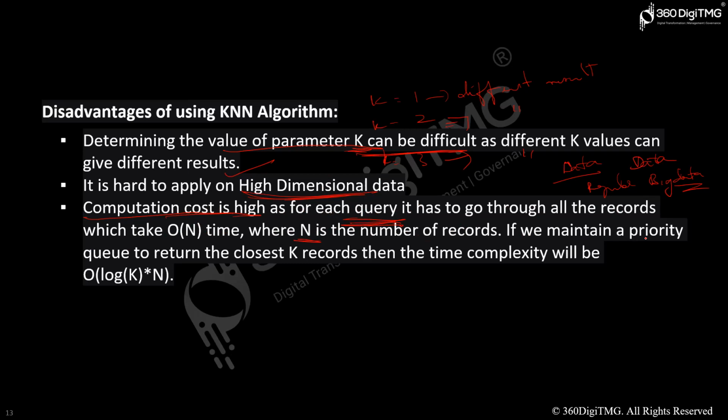If we maintain a priority queue to return the closest k records, then the time complexity will be O(n log k). So these are the disadvantages of the KNN algorithm.